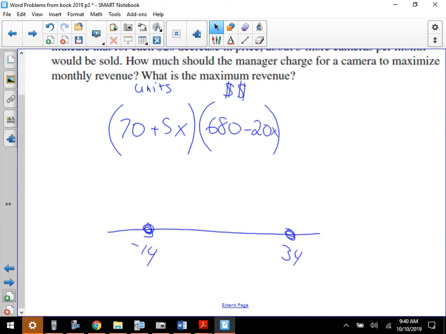What's halfway between negative 14 and positive 34? 10. I set these both equal to 0. 70 divided by negative 5. 680 divided by positive 20. So you have an axis of symmetry at 10.